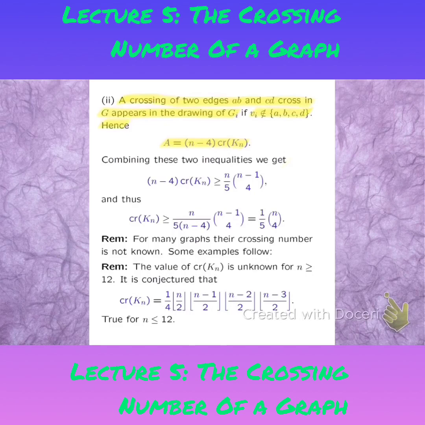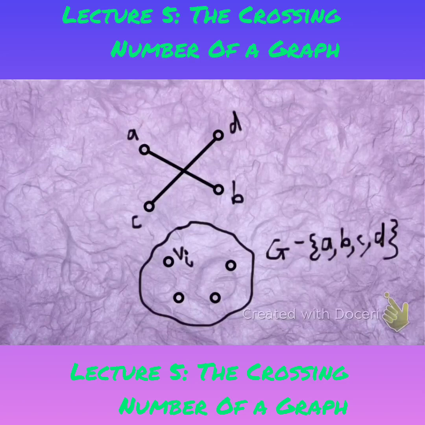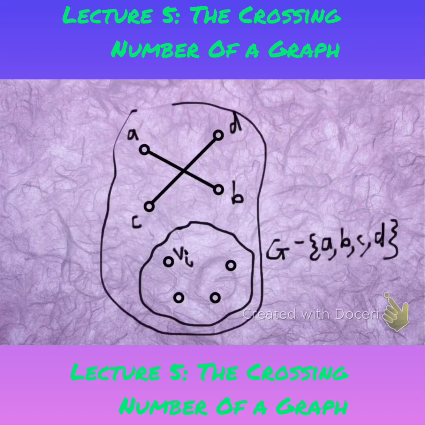So why is that the case? Right, so if we look at this representation here, this is the whole graph Kn, right? Now if we look at a particular crossing in Kn, look at that crossing there. So now remember how we defined G_i, right? G_i is pretty much Kn minus V_i.